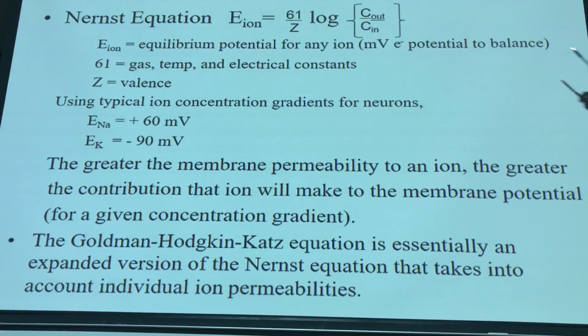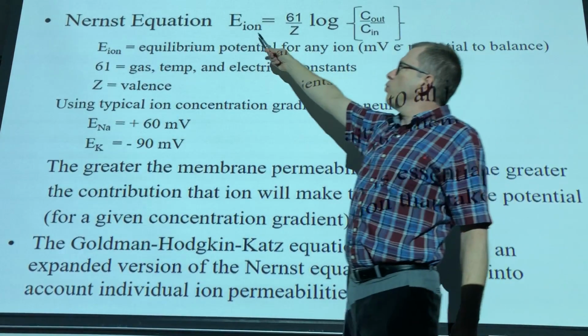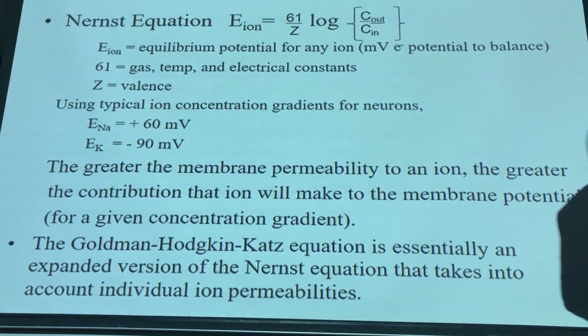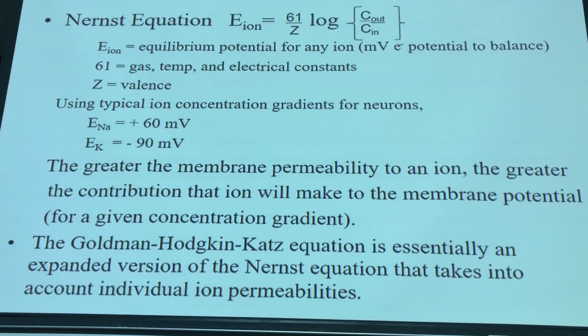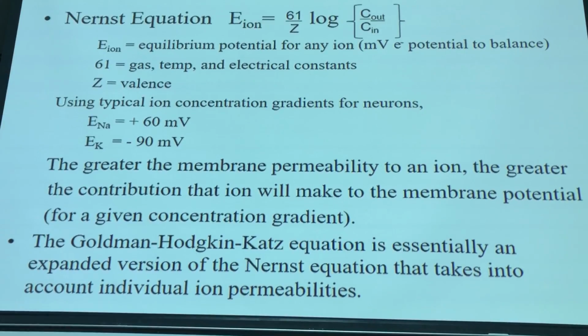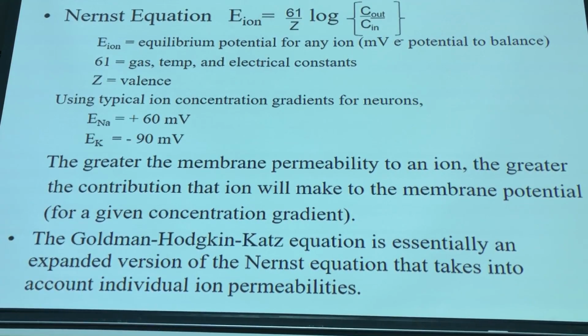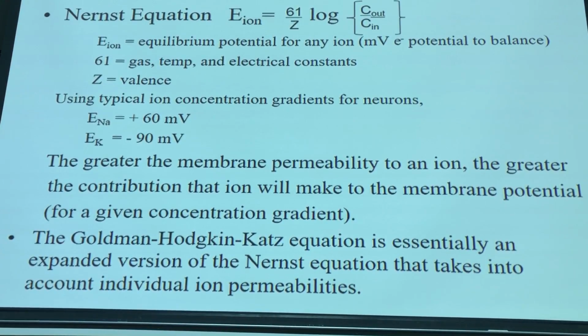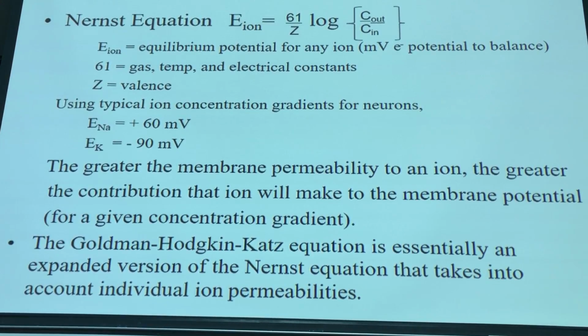So you can see here the Nernst equation would be just one ion, and that never happens. So if there's an equation for all the different ions, and you can plug all those numbers in and get an equilibrium potential, that would represent more what is in nature.